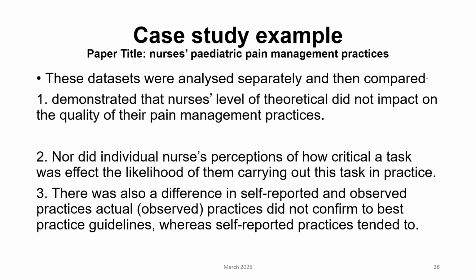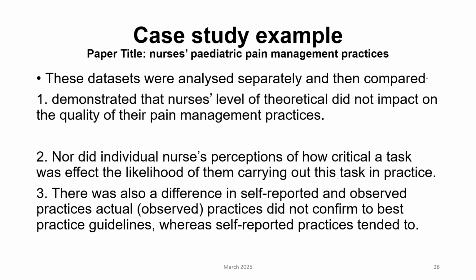These datasets were analyzed separately and then compared to each other. Here you can find the main findings of this case study. This example was placed to show you that in case study research an important point is collecting data from several sources of information, analyzing them individually, and then comparing them to each other.